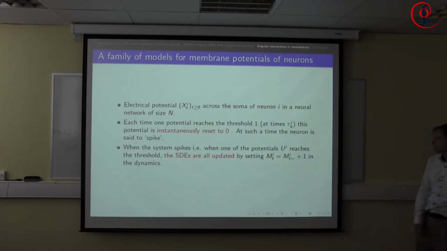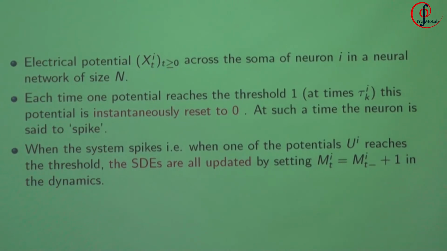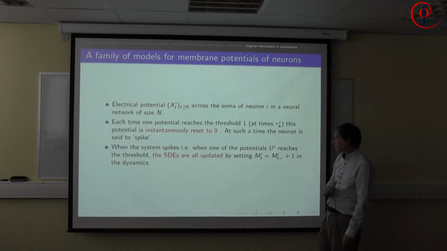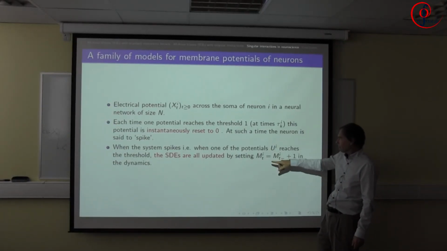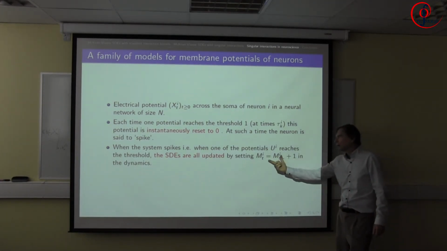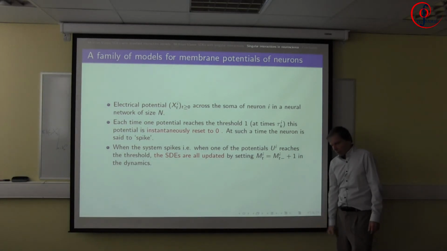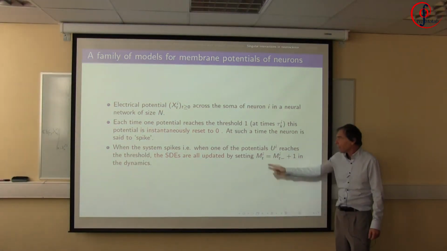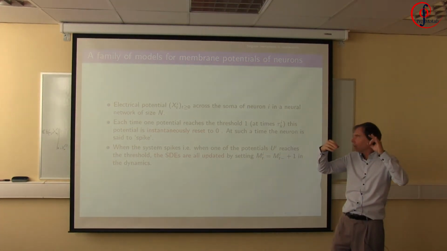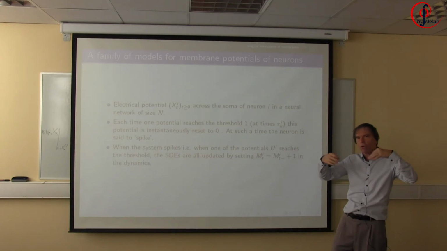And when the system spikes, it means when any of the potentials U^i of the neuron system reaches the threshold, then that's the number of times neuron number i spikes, and then what happens is that not only the potential i is reset to 0, but also it affects the value of all the other potentials.